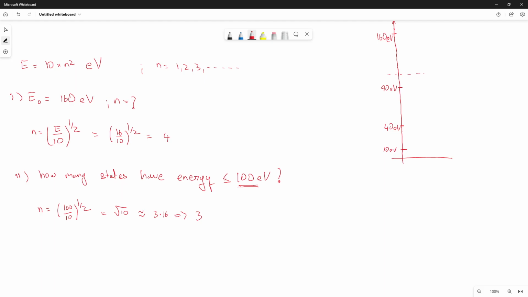Wonderful. So now this quantity, do you know of a function or a mathematical operation that allows me to find the integer part of a number? Just out of curiosity, I'm asking. Are you familiar with the greatest integer function and the lowest integer function? Yes, sir.